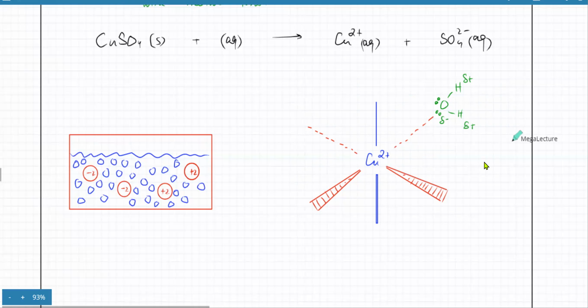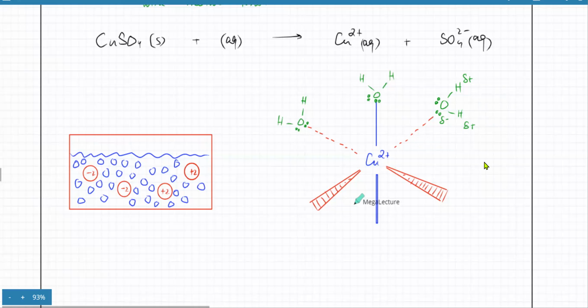There would be lots of water molecules, and the water molecules are going to come in and start sticking to the copper ions because the copper ions are positively charged. So here you can see another lone pair coming in, and that's getting attracted to the copper ions. So from all sides, you have these water molecules that are coming in and completely surrounding, or getting attracted to, the copper ions.